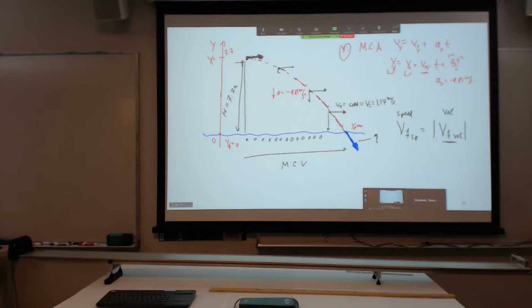Well, if it's at her max height, isn't it 0? So the y component initially is equal to, please say again? 0. Absolutely right, because this is initially a horizontal arrow, and a horizontal arrow has no vertical component.